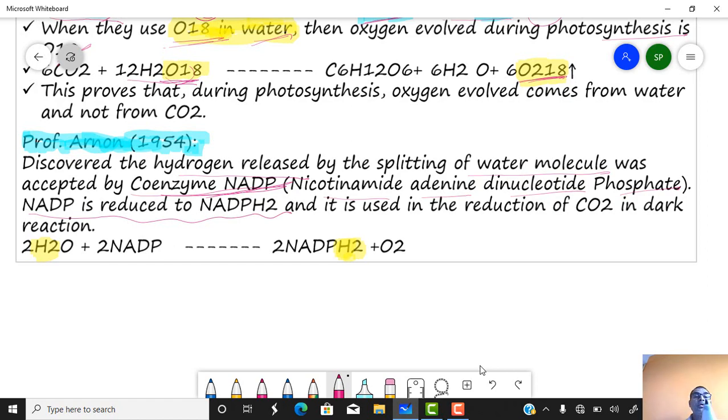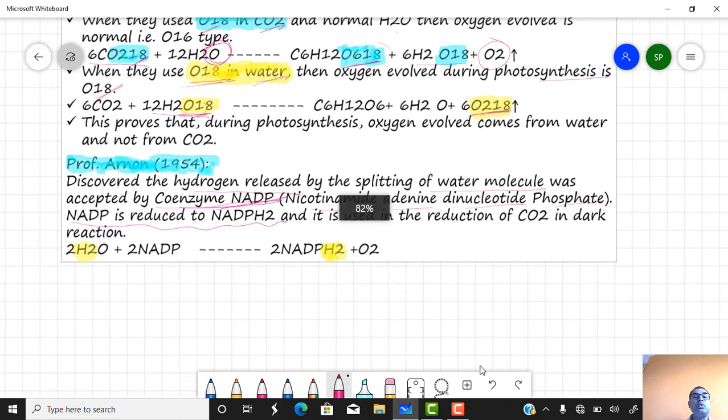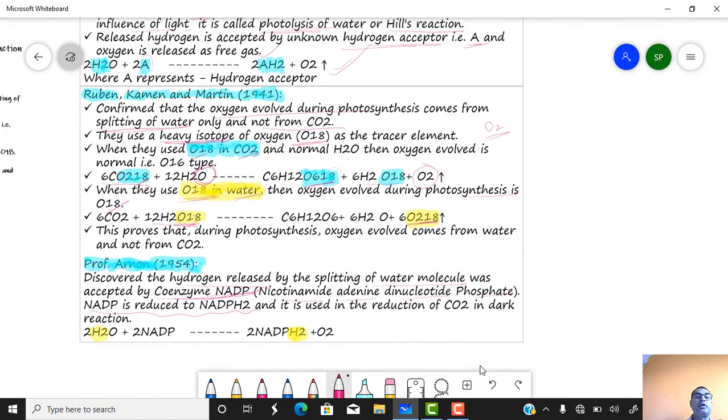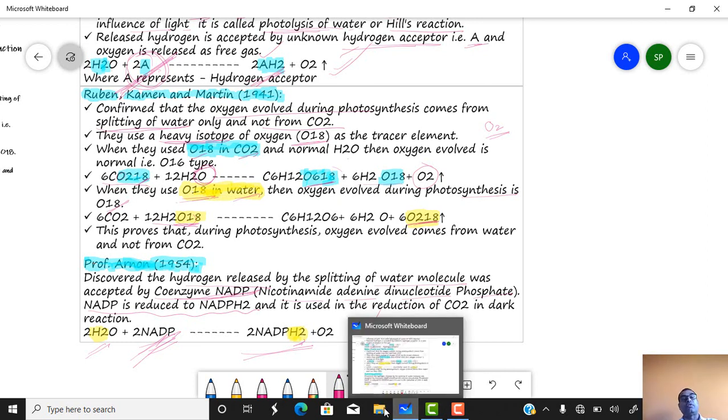So the unknown hydrogen acceptor of the Hill reaction is NADP. So 2H2O plus 2NADP gives 2NADPH2, compare here, this is AH2, and oxygen is liberated. So this is about the Hill reaction of photosynthesis.